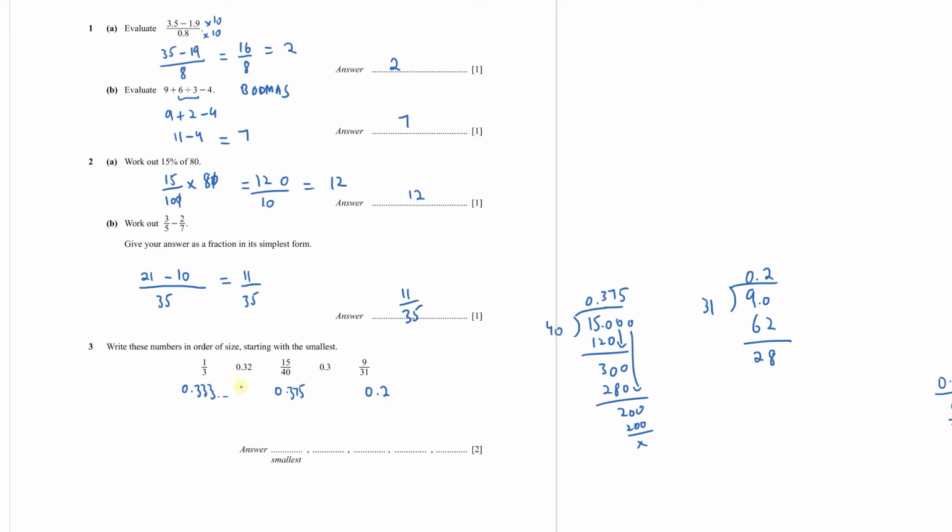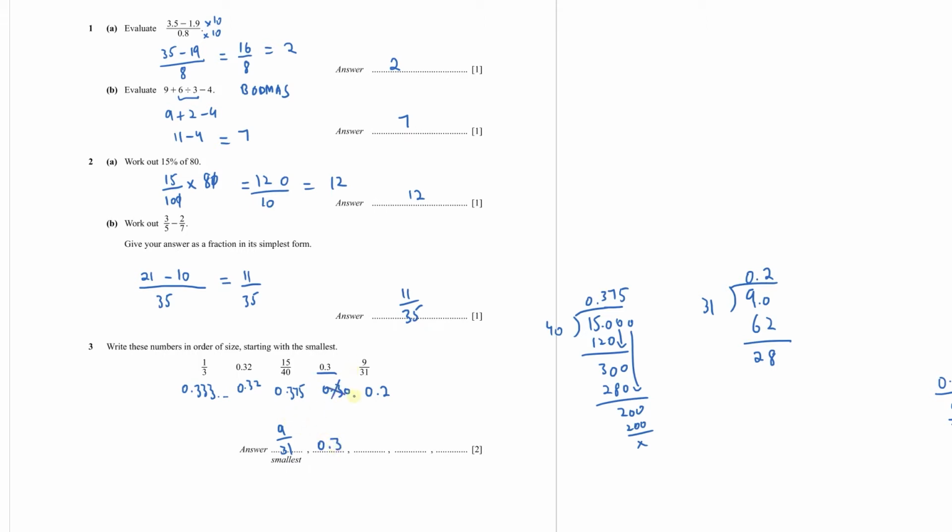So let's start. The smallest straight away you can see is 0.29, which is 9 over 31. The next largest value is 0.3 because this is 0.3000. 0.32 is larger. So 0.3 will be the next one.